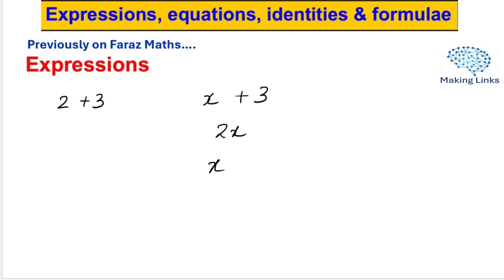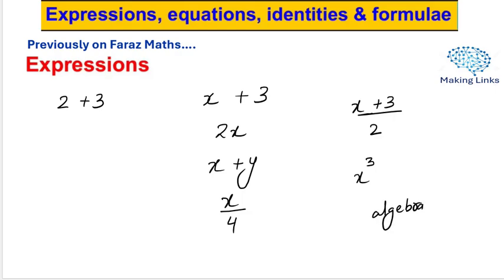Or we may have x plus y, some number add some number, or just an x, or x divided by 4, some number divided by 4, or we have x plus 3 over 2. And suppose we are making the cube of a number, so that is x cube. All these are algebraic expressions.